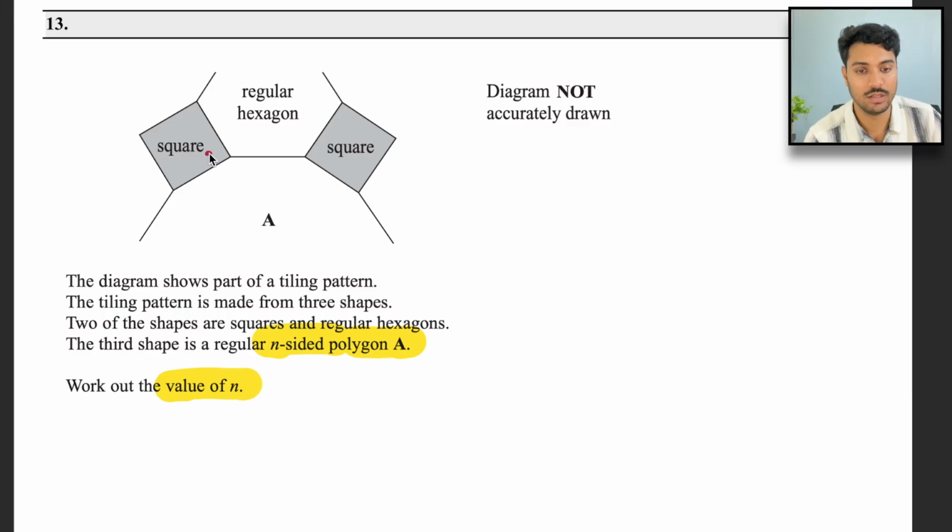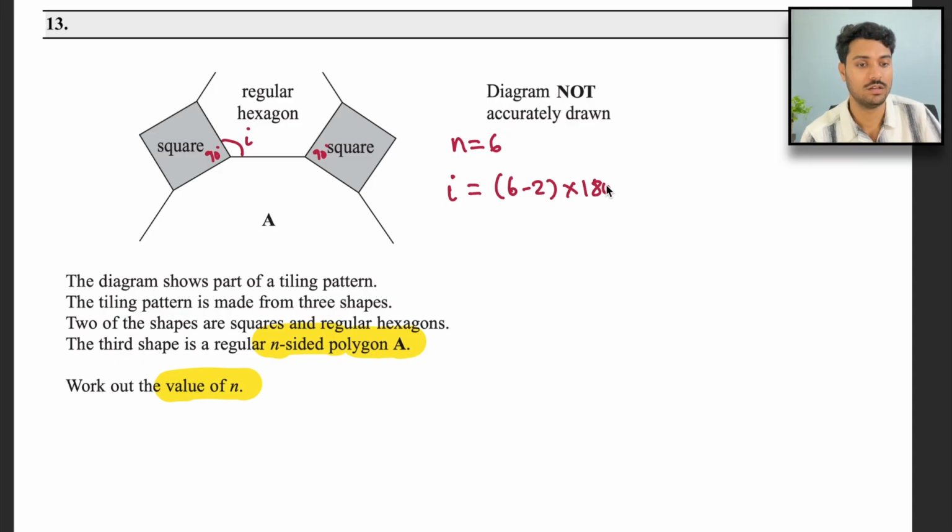We know that this is going to be 90 degrees. This is also going to be 90 degrees, because the angle at each vertex of a square is always 90 degrees. For the hexagon, we have to find it. So hexagon, 6 sides, n equals 6. So interior angle I is going to be 6 minus 2 multiplied by 180 degrees divided by 6. So 4 into 180 divided by 6, which is 120.